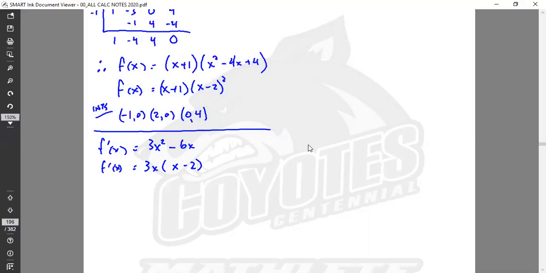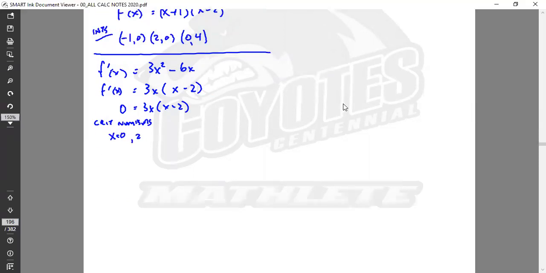And if we have 0 equal 3x, x minus 2, we have critical numbers of x equals 0 and 2. All right. So f prime, there's 0, there's 2.